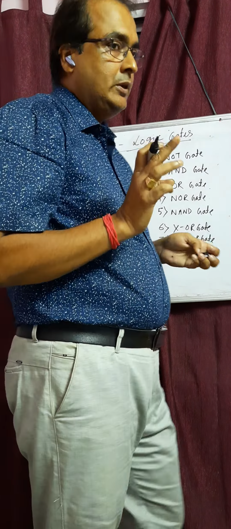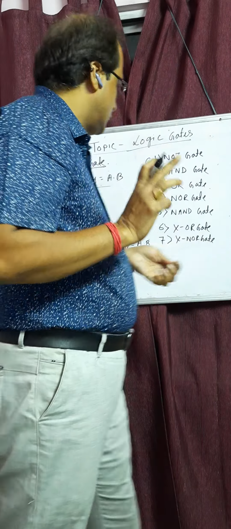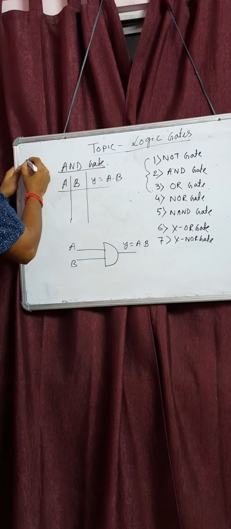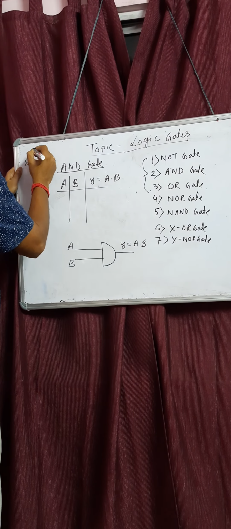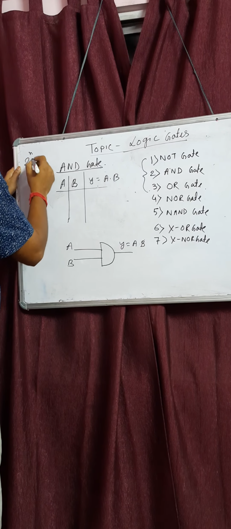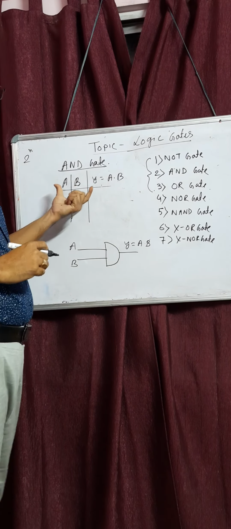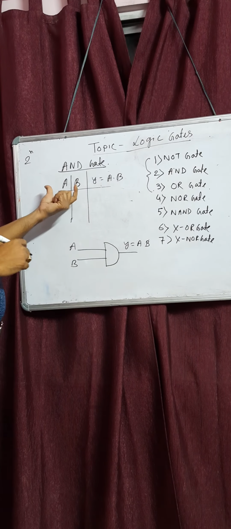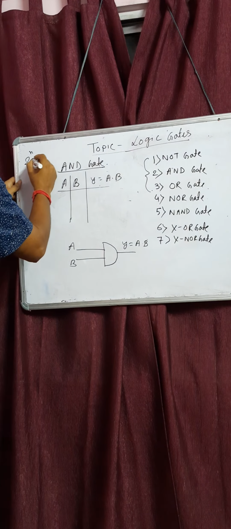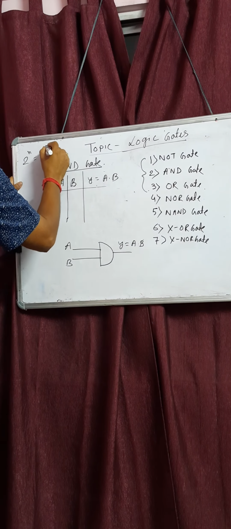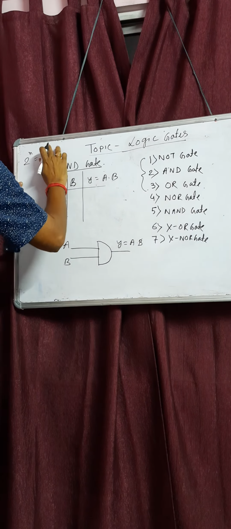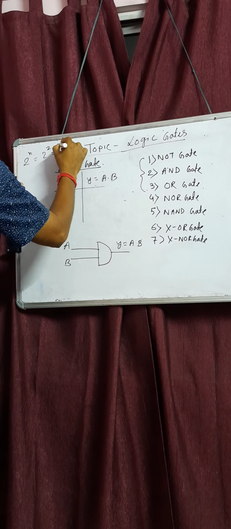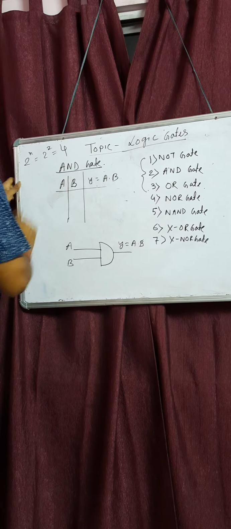So in case of two inputs, possible combinations we know are 2 to the power n, where n is the number of bits. So with 2 inputs, possible input combinations are 2 to the power 2, that is 4.